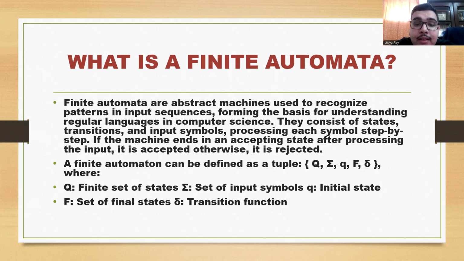Coming to the alphabet set elements, they will definitely be the digits 0 to 9 and the alphabets, let's say A to Z. The initial state will be S0, and the final state would be S9.